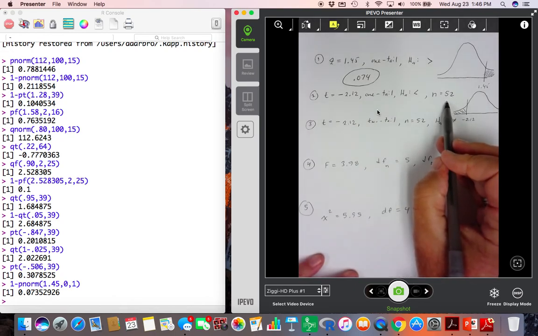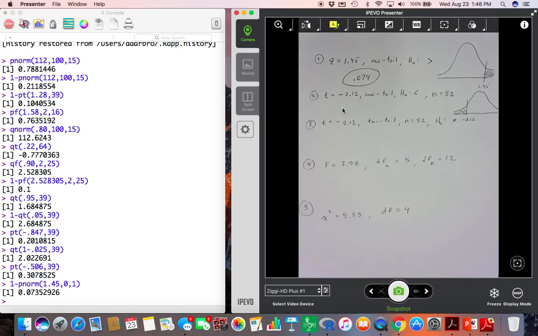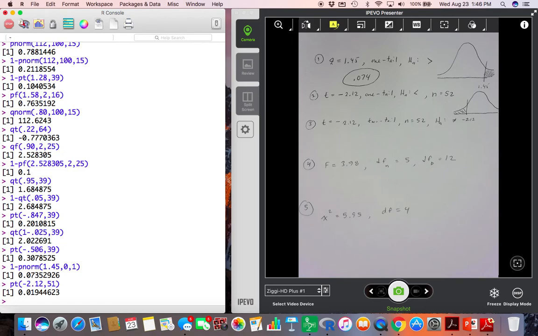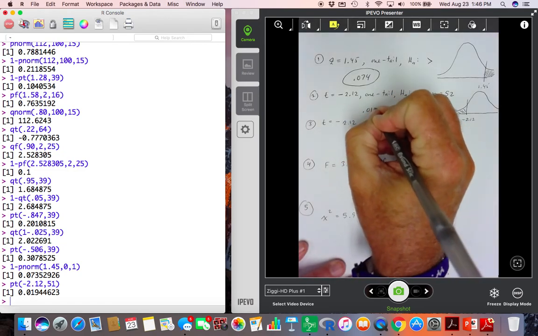Sample size 52, degrees of freedom 51. Since I want the area below, I'm just going to use pt of negative 2.12, 51. So the p-value there would be 0.019.